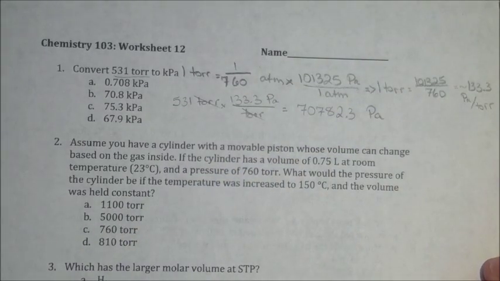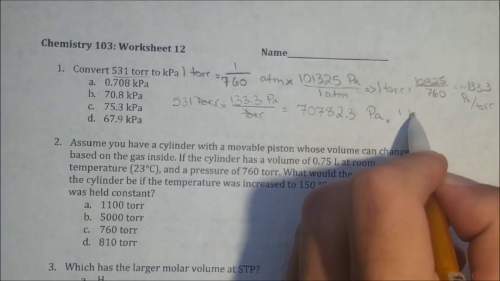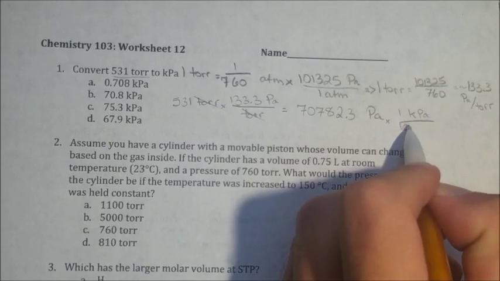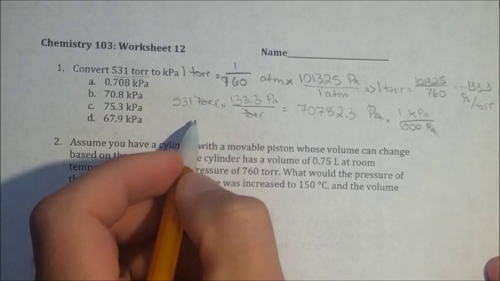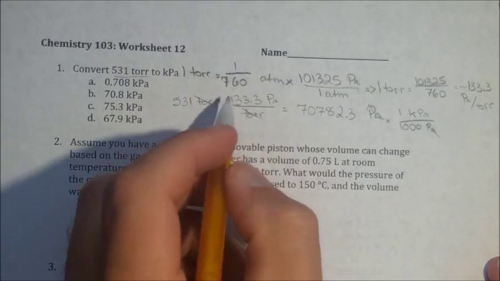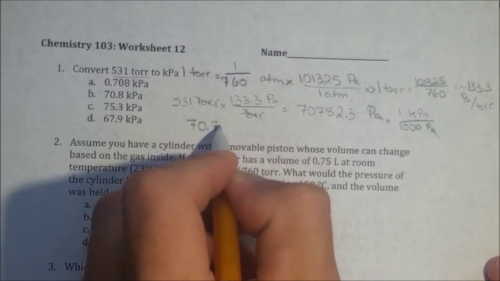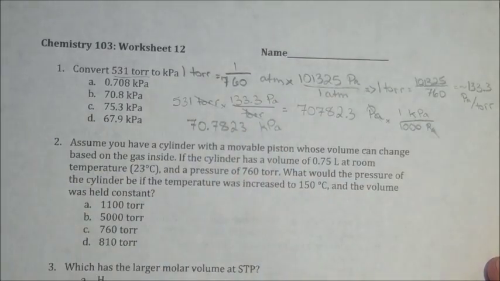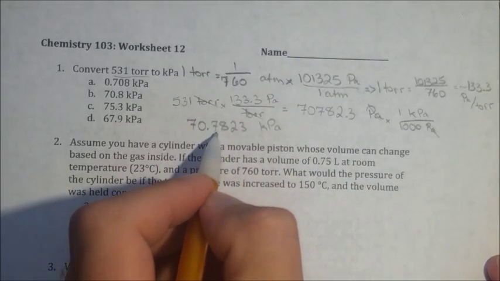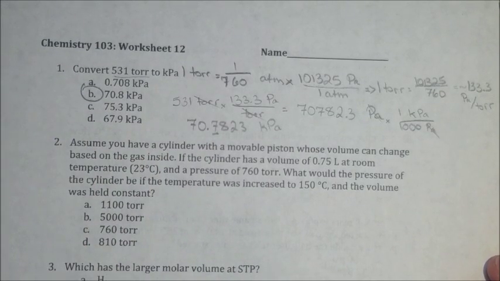And now if we want to convert this into kilopascals, we just take this and say there are 1,000 pascals in a kilopascal, so our pascals cancel, and now we're left with kilopascals, which give us 70.783 kilopascals, and we can just round to 3 significant figures, which would be right there. So B is the right answer for number 1, 70.8 kilopascals.